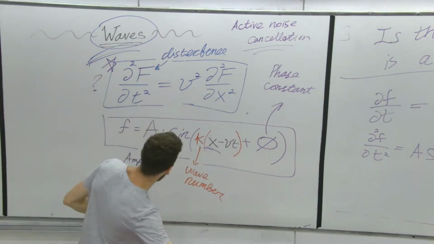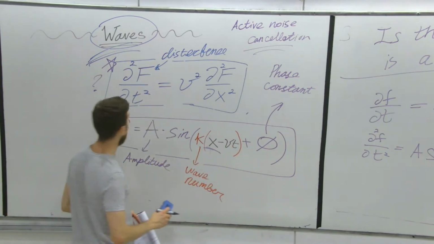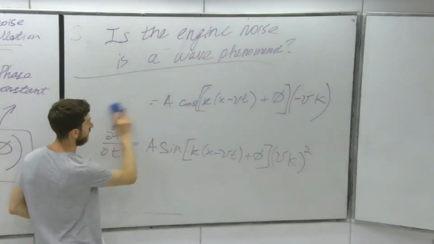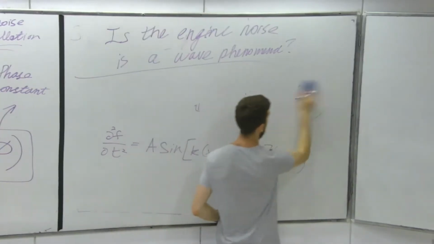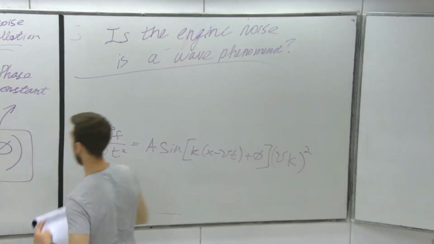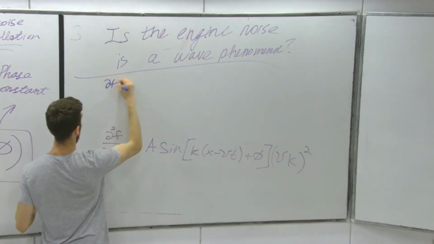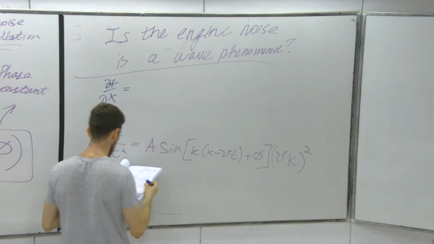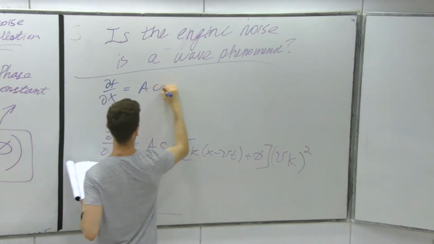Let's derive it by x twice, right? So I'm going to clean the first one, we don't need it. Okay, so let's derive it by x. The derivative by x equals what? A cosine, right?